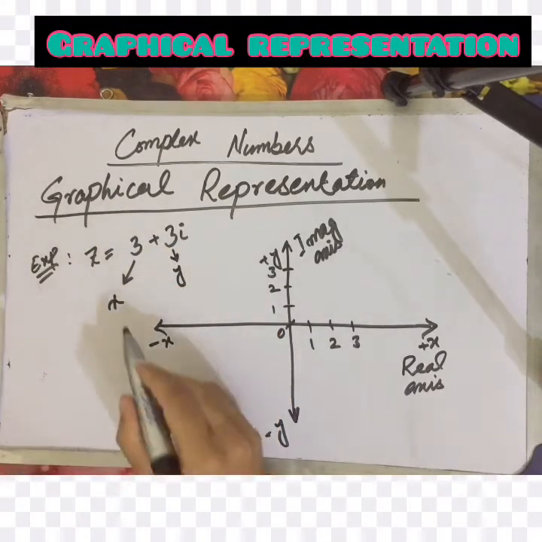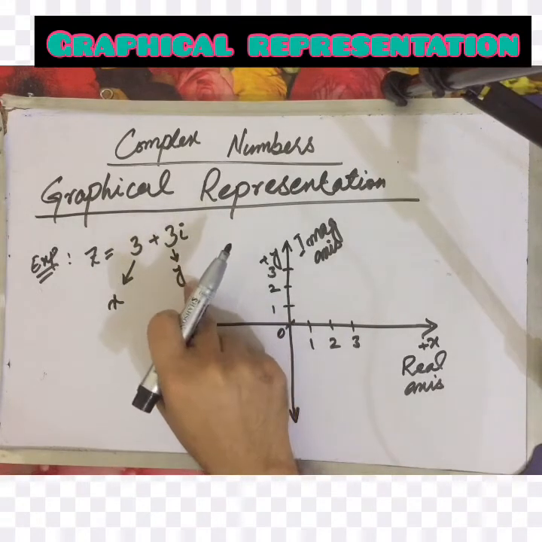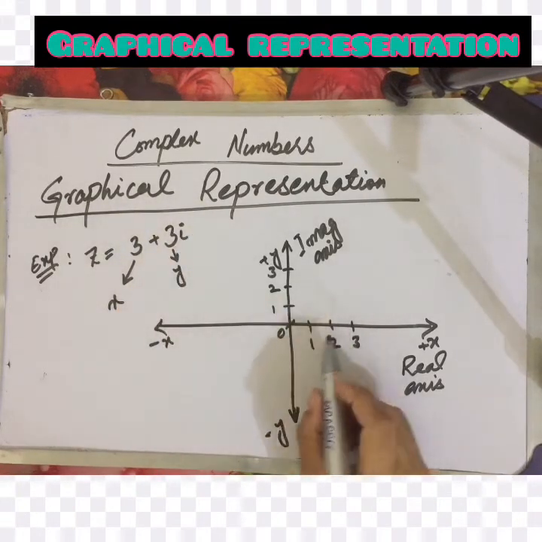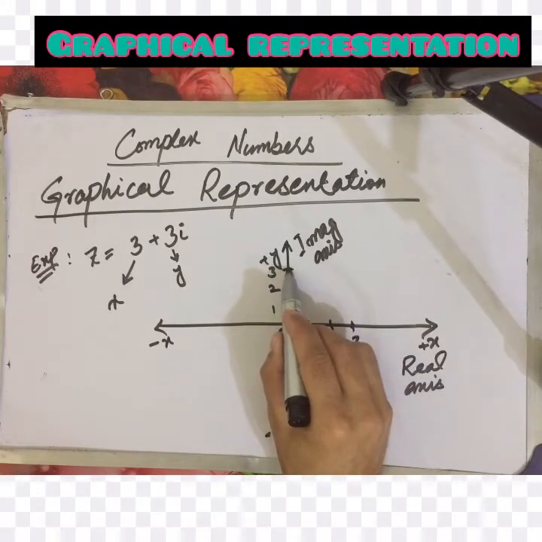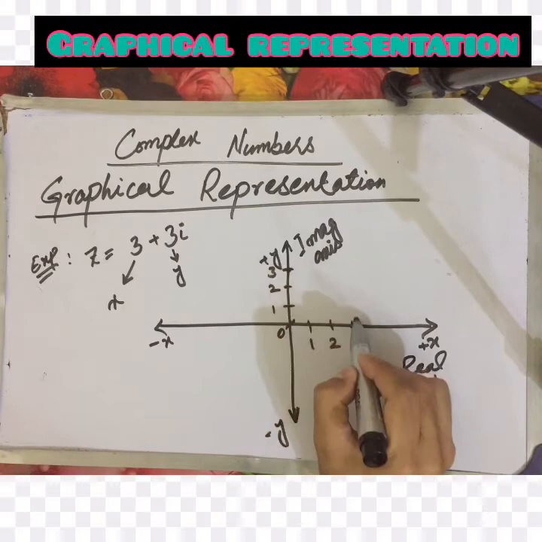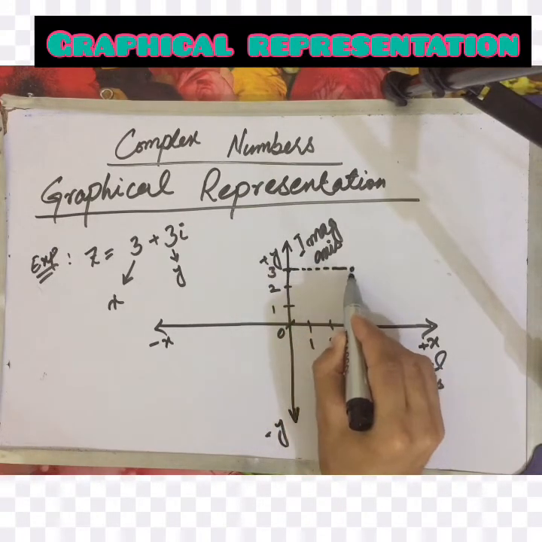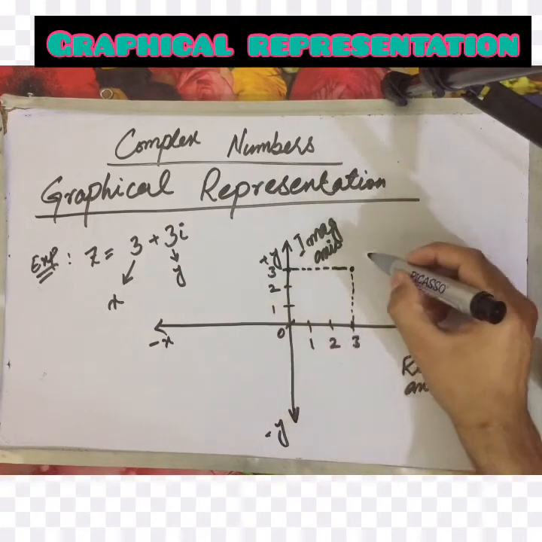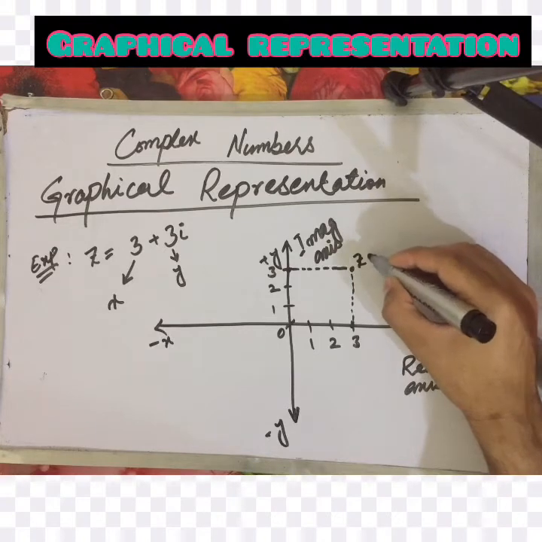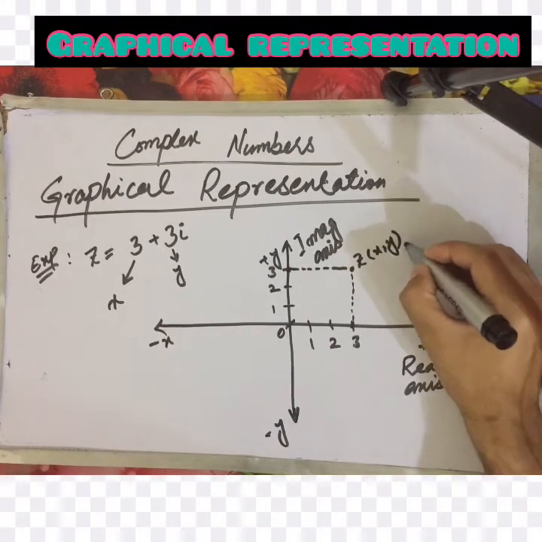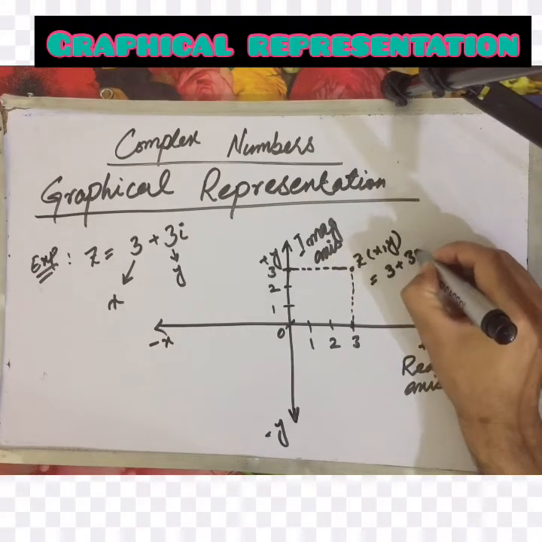Let's draw. 3 is x and the other 3 is y, which is the imaginary number. This is the real axis and this is the imaginary axis. So draw this on the xy plane, which is z of x comma y is equal to 3 plus 3 iota.